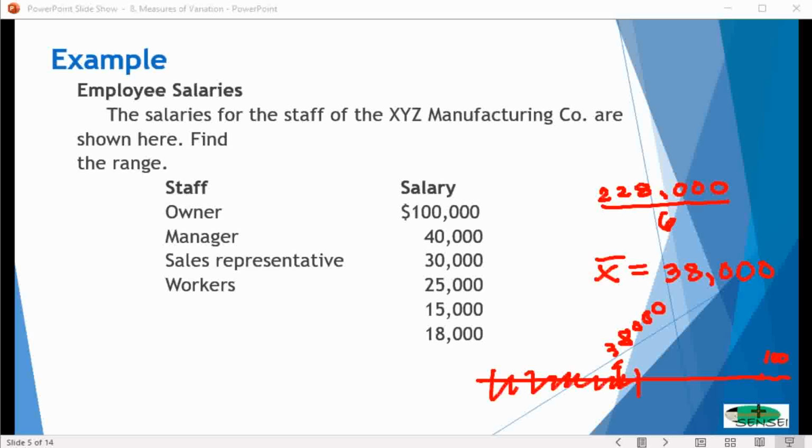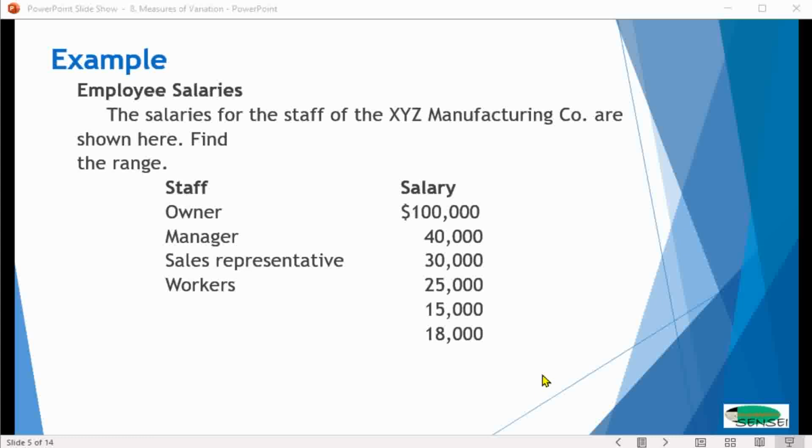Wala pa rin something to interpret using those averages. So it would be better if we have range instead. So what happens if we have range here?